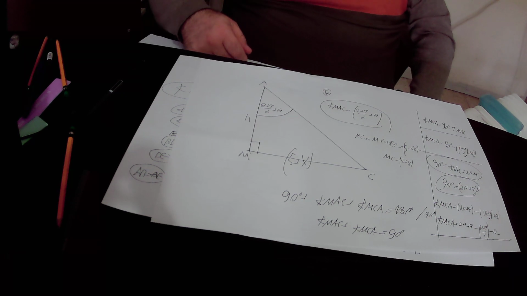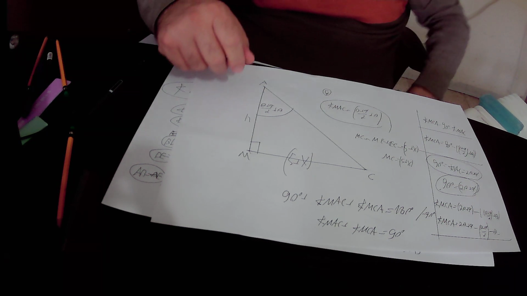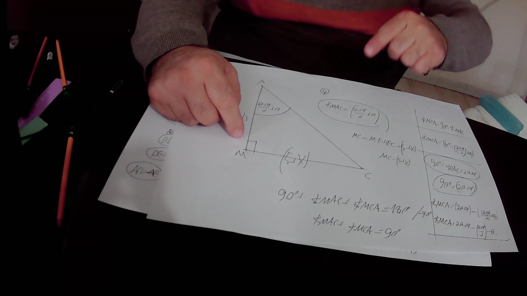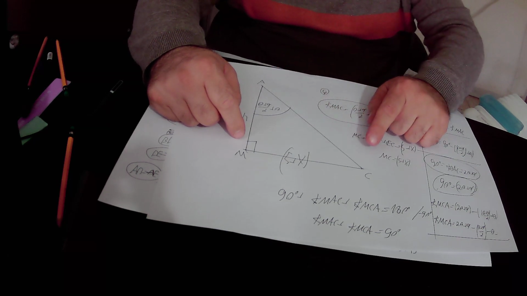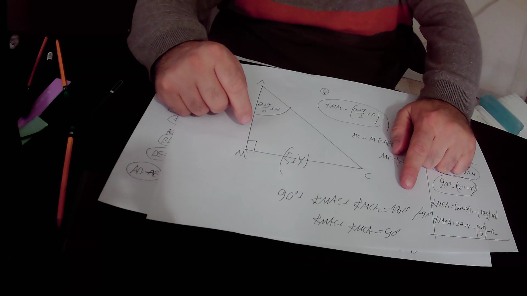So here we know that the sum of the angles in any triangle is equal to 180 degrees, and this is true in the right triangle AMC. Here 90 degrees plus angle MAC plus angle MCA. In total, the sum must equal 180 degrees.